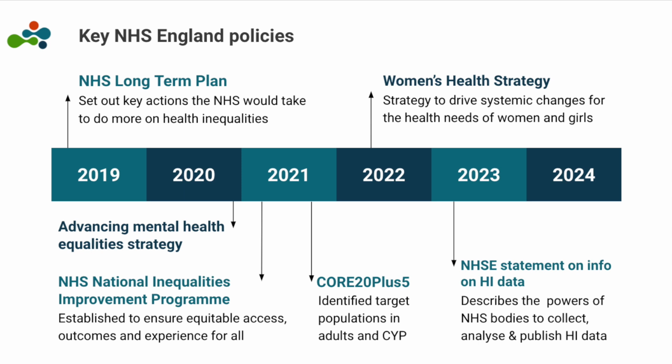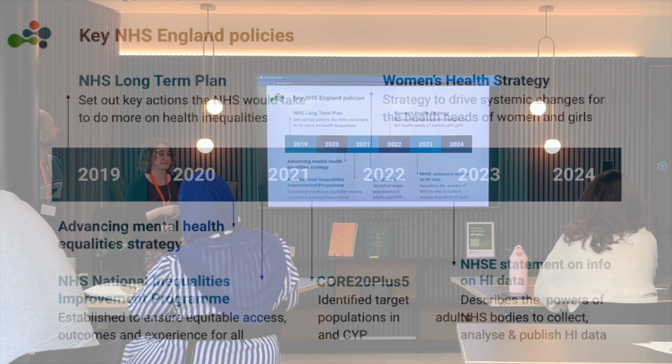The long-term plan asked every local area to set out specific measurable goals and mechanisms by which they will contribute to narrowing health inequalities over the next 5 to 10 years. Some examples of these specific actions included cutting smoking in pregnancy, ensuring people with learning disabilities and or autism get better support, and providing outreach services to people experiencing homelessness.